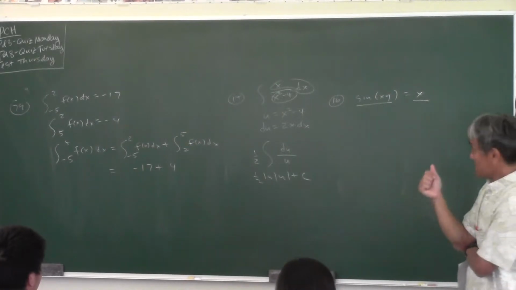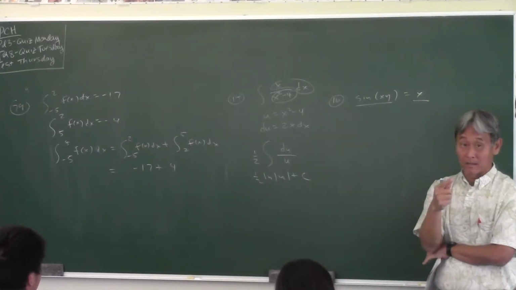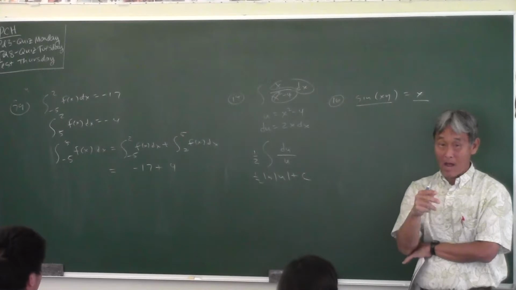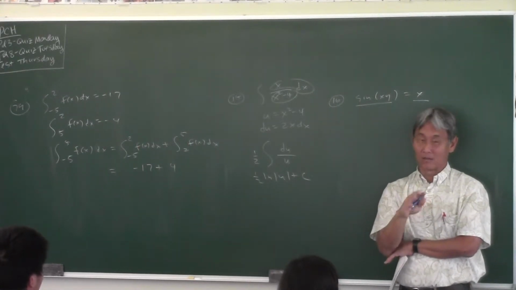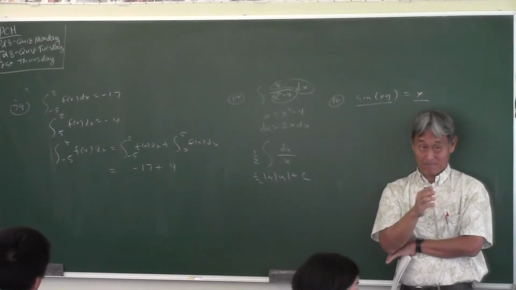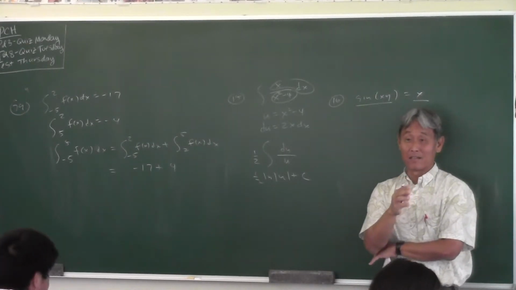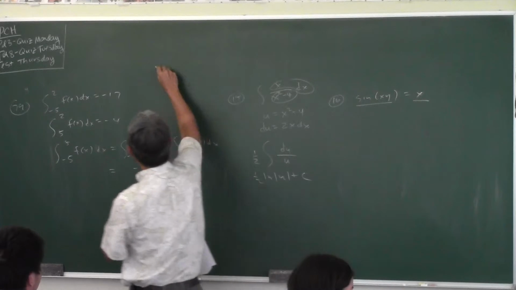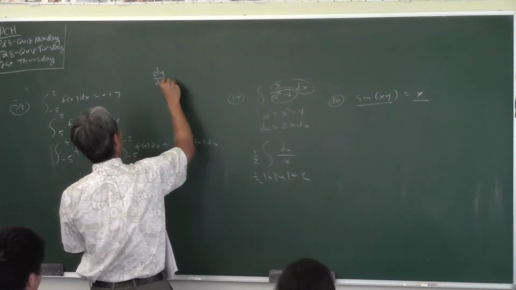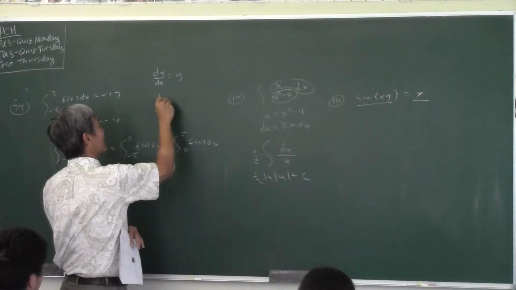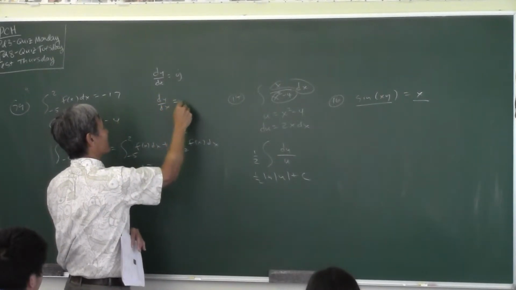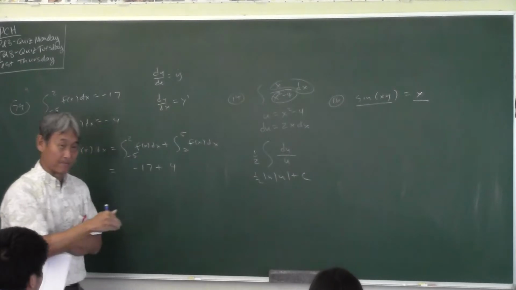But just remember, when you take the derivative of x, you get 1. When you take the derivative of y, you get dy/dx or y prime, not y dot. Y dot is reserved for dy/dt, when you take the derivative with respect to time. But when you take the derivative with respect to the independent variable, it's y prime.